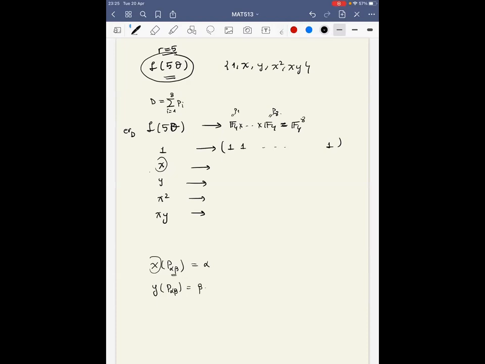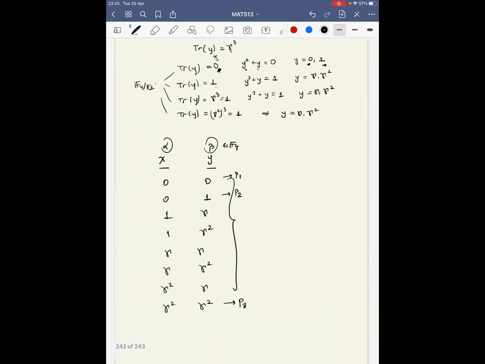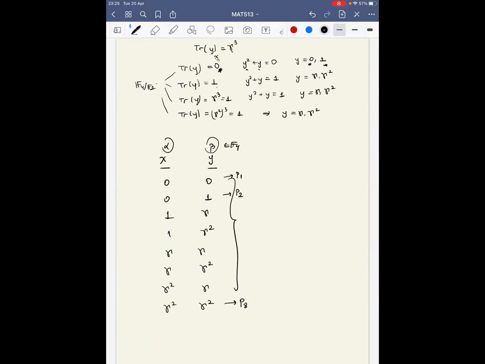So for instance, to evaluate the function at P1 is going to be 0. Sorry, let me denote it 1.